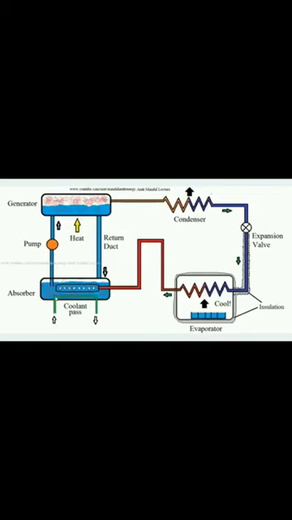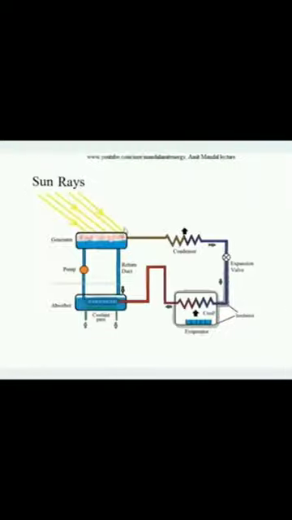Now the solar vapor absorption system. The only difference is that, as we know in the power cycle, heat is required for converting the water into steam in the boiler, and that heat is provided with the help of solar. In the same way, here in the generator, the heat is provided with the help of solar.